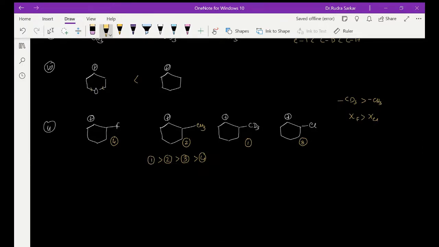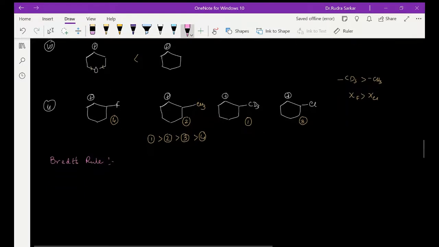Now here we will study a specific rule which is applicable for bridgehead carbocations, and that is known as Bredt's rule. So what is the rule?